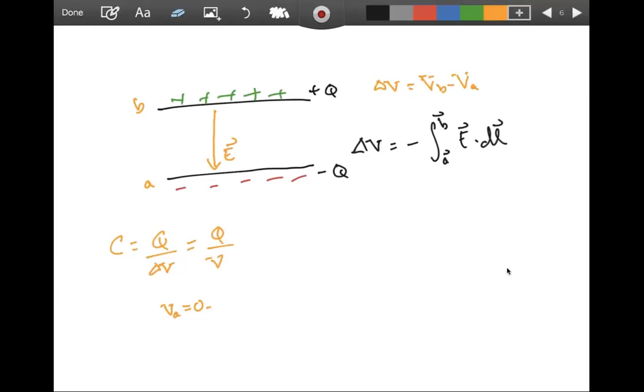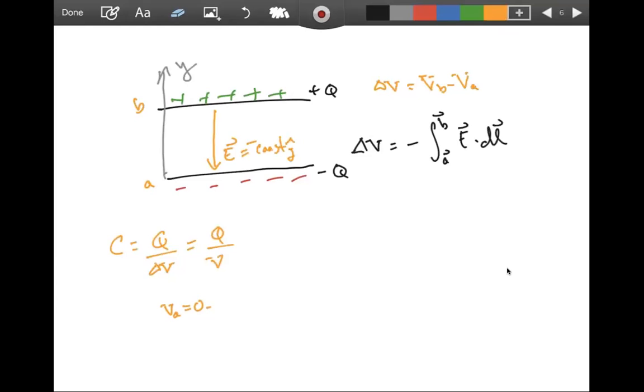Let's set up a coordinate system to make this easier. I'm going to say the vertical direction is y. Remember, as we talked about in class, my electric field inside a parallel plate capacitor is a constant, perpendicular to the plates, pointing from the positive plate to the negative plate, so in the minus j hat direction.